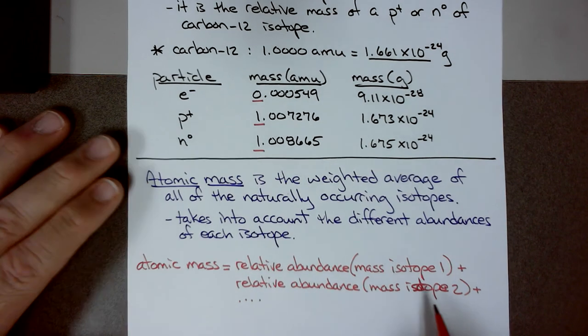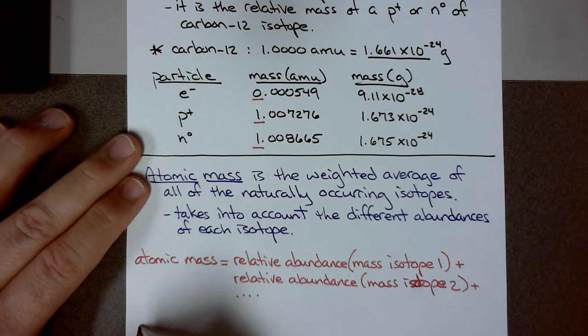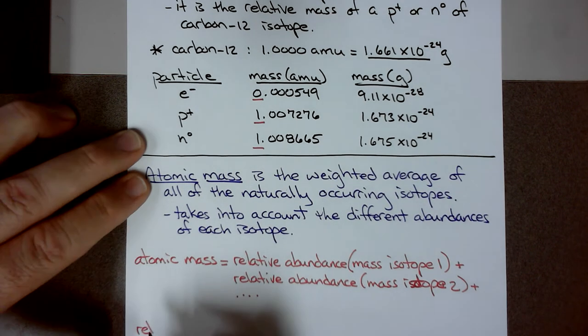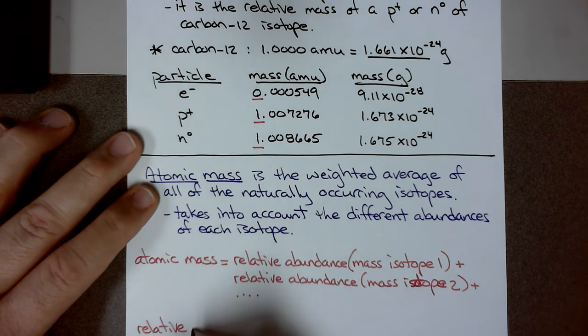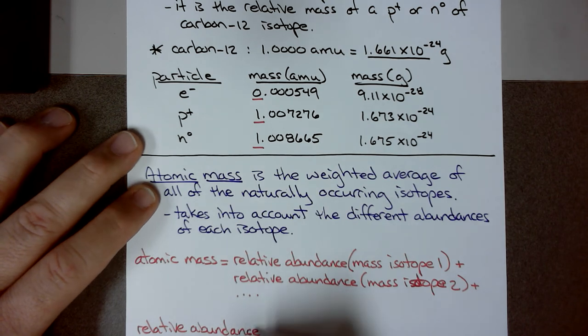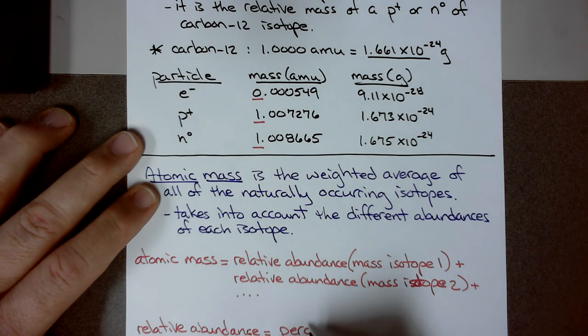Now, what is relative abundance? Relative abundance is just the percent abundance divided by 100. Because the abundances are reported in percent abundance, and then we change that to relative by dividing by 100 or moving the decimal place over two positions.